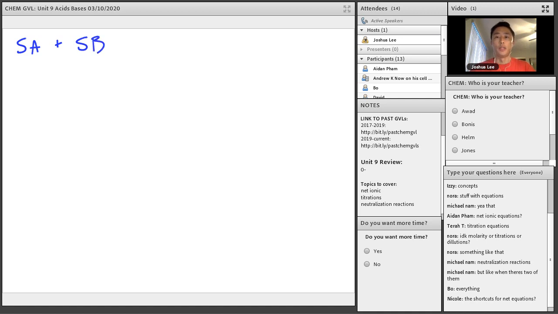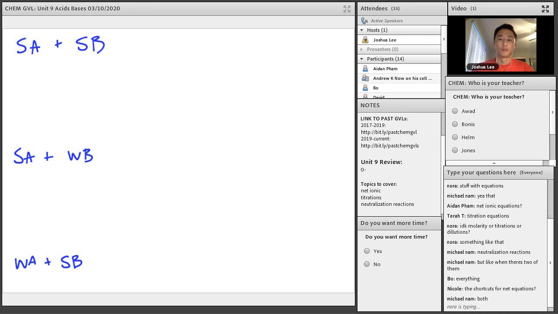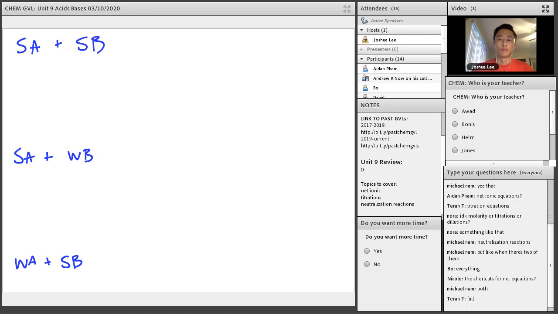Another one would be strong acid and a weak base, and then weak acid and strong base. For the people here, do you guys want to know the full way or just the shortcut way of this? Full. All right.